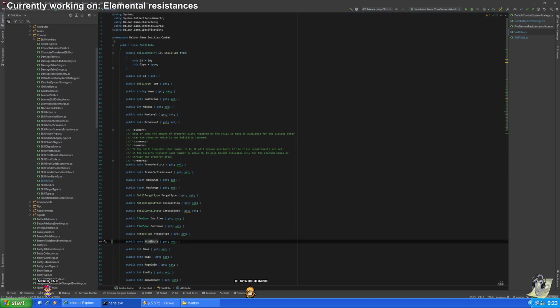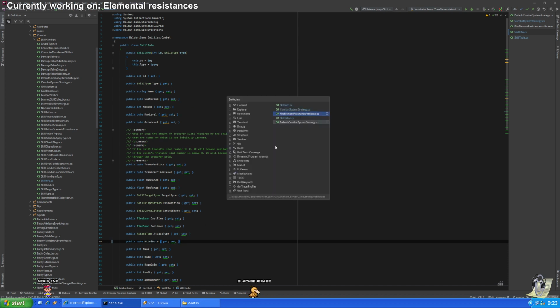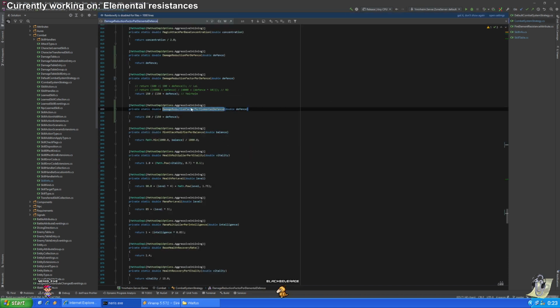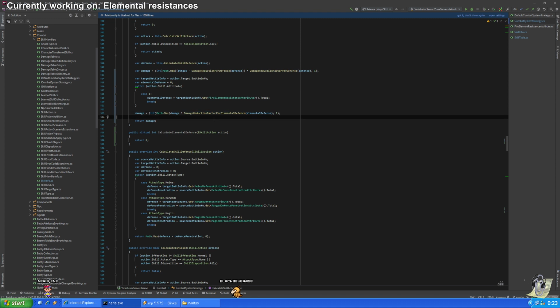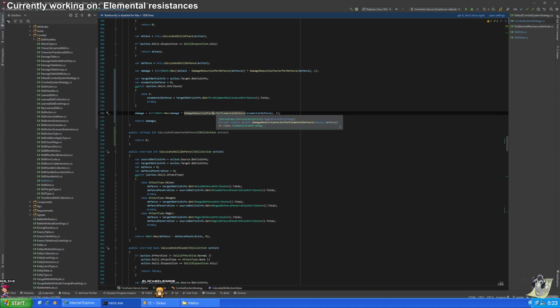So negative will increase damage. Positive will decrease. Yeah, should be fine.